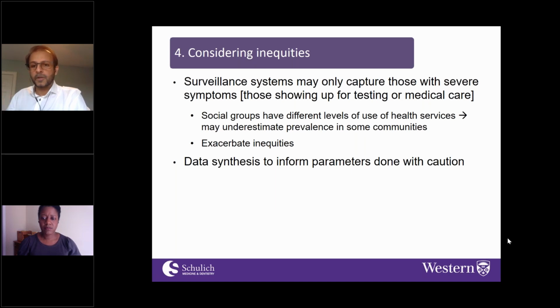A lot of this evidence was based on population average evidence that existed out there, and these parameters that were fed into infectious disease models often ignored that a policy that may work for one community may not work for others, and could potentially even harm certain communities.